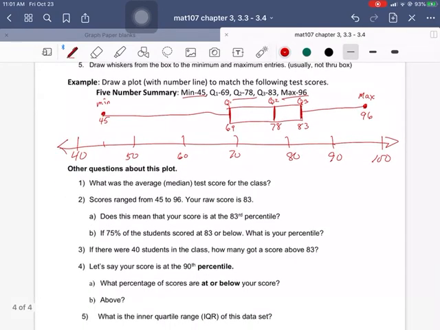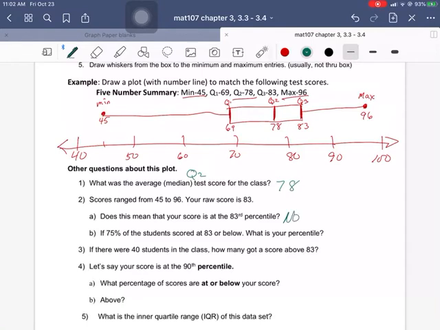And then they're going to ask some questions about these. What was the average or median test score for the class? That's what is Q2. So 78. Scores range from 45 to 96. Your score was 83. Does this mean you're in the 83rd percentile?